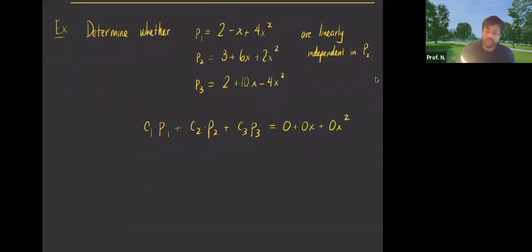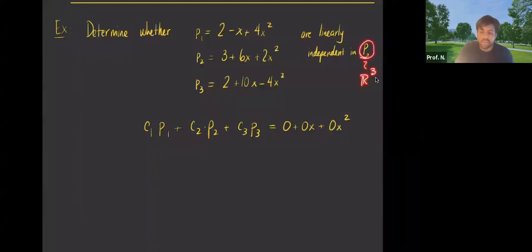Always try to understand the underlying vector space that you're in. We're in the vector space P2. So our zero vector, quote unquote, in P2 is similar to the zero vector in R3. So you start to see, wait a minute, there's a connection between P2 and R3. Why?